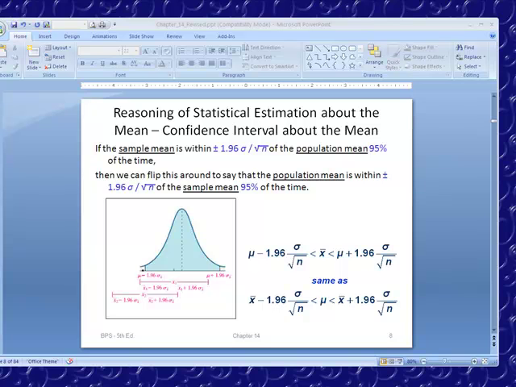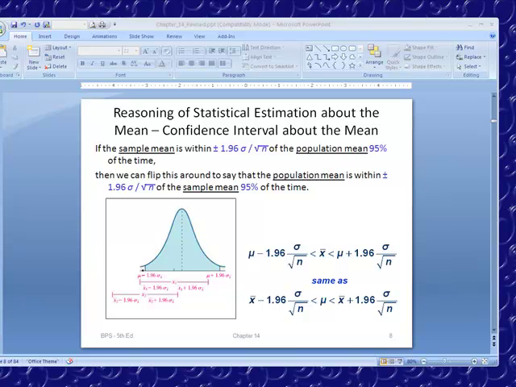So what we're going to do is capture the population mean in between the sample mean minus 1.96 times the standard error, and the sample mean plus 1.96 times the standard error, that sigma over the square root of n.